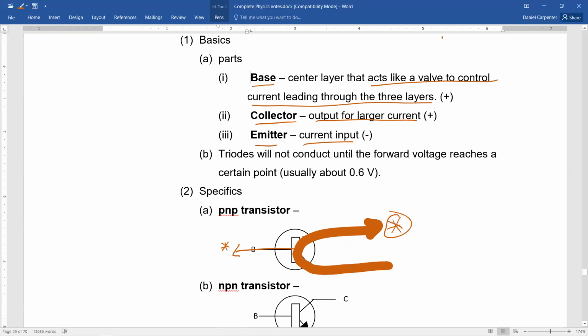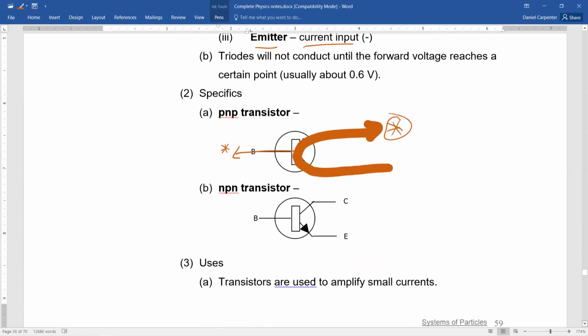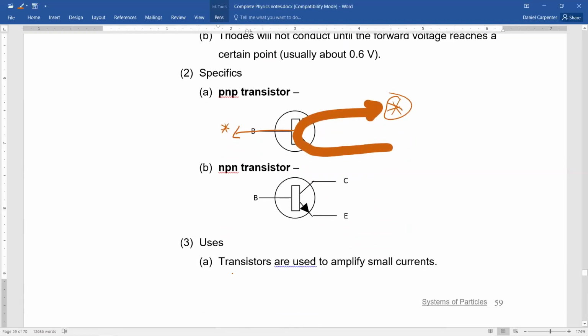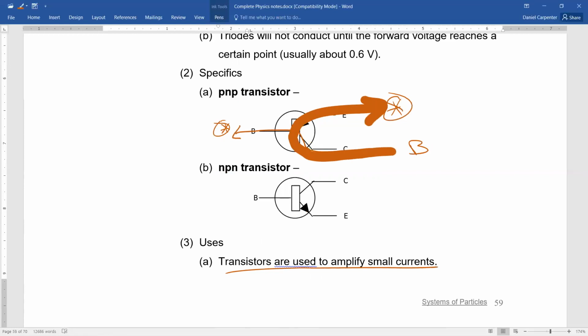So we can do a variety of things with these, like use them as switches or increase small currents. Transistors are used to amplify small currents because we can, let's say, connect this to a battery so that we have a large electron source and connect this one to, let's say, a radio signal receiver, so that there is a small current going on there, and we can get a large current to match the small current.